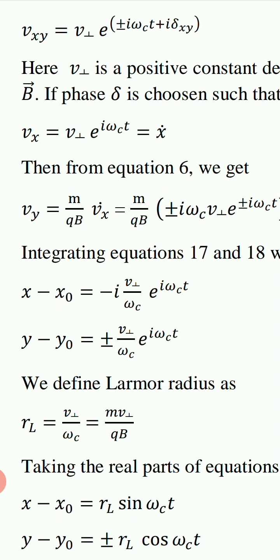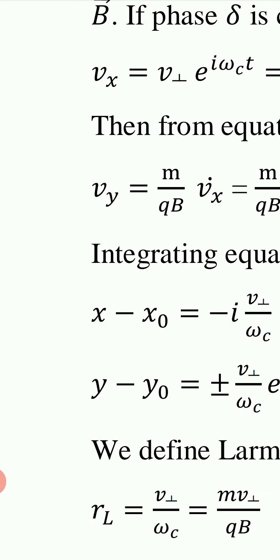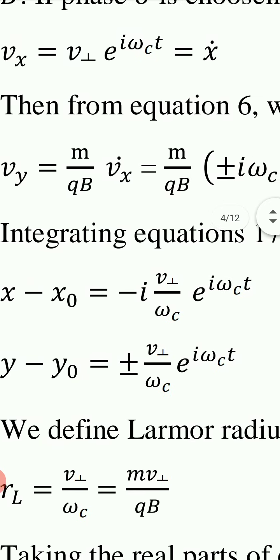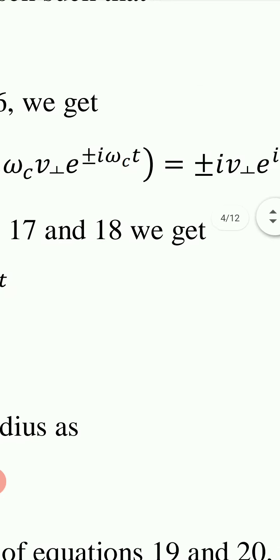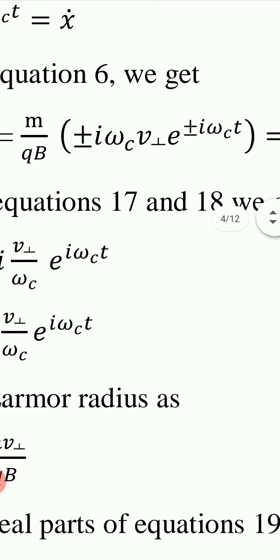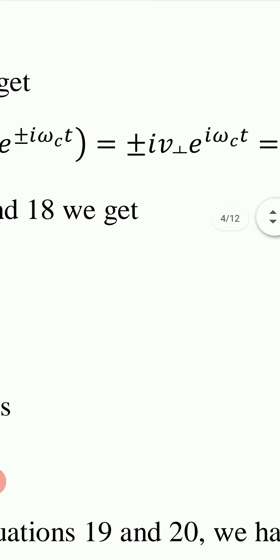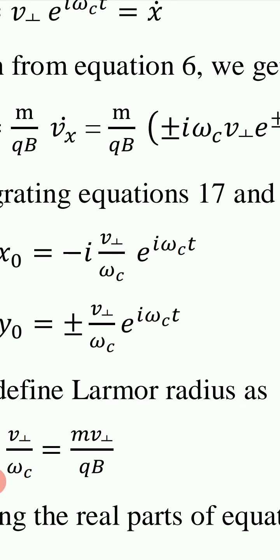If we differentiate Vx with respect to t, then from this relation Vx dot is V perpendicular, which is constant, times e to the power plus minus i omega c t, and the differentiation of this with respect to t is plus minus i omega c e to the power plus minus i omega c t.